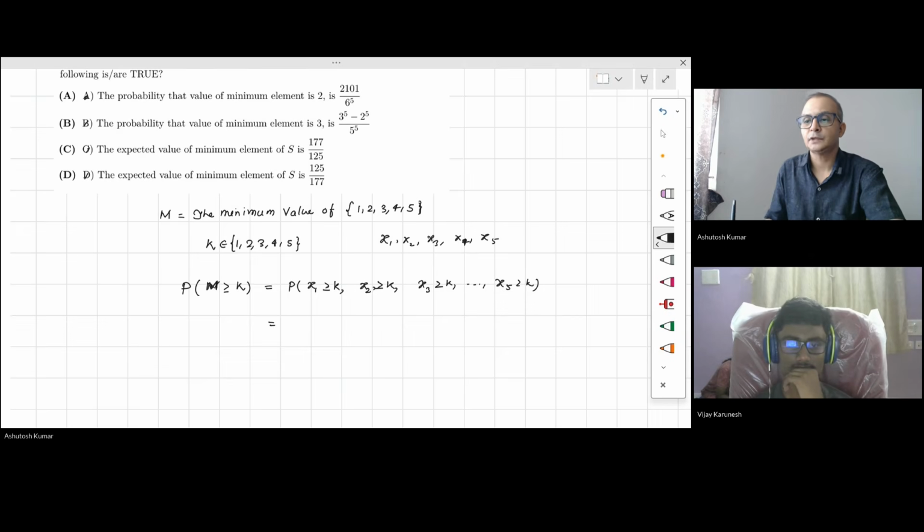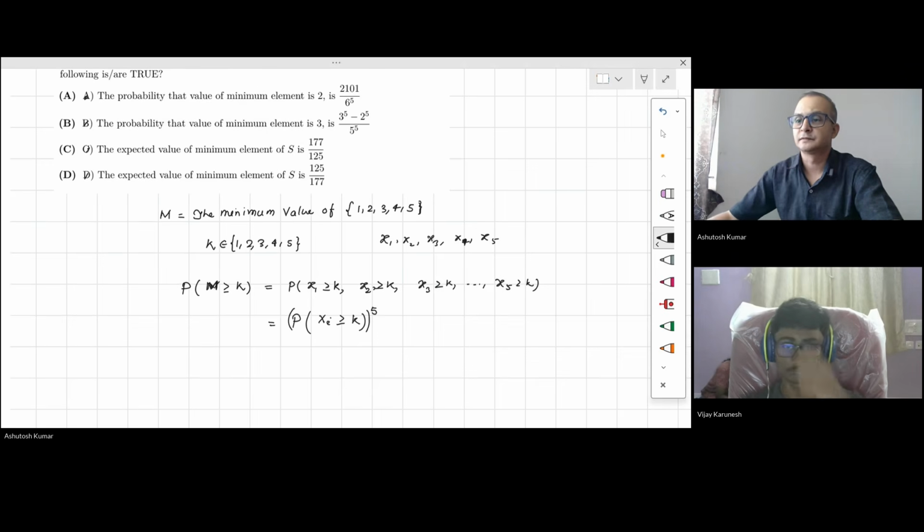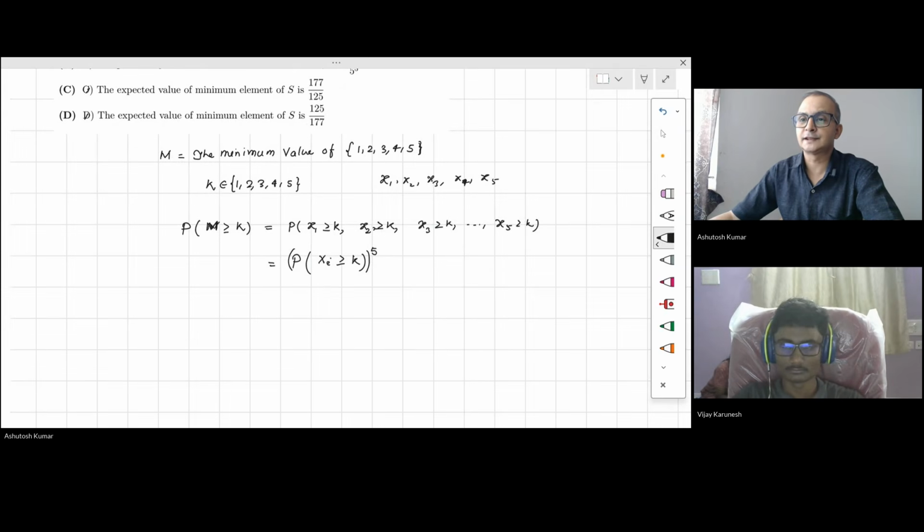Suppose I decide I'm taking xi greater than k, and how many times do you have to repeat this if you're writing it? 5 times. Yes, sir. Correct? If I write this, what are the values of xi you can take?